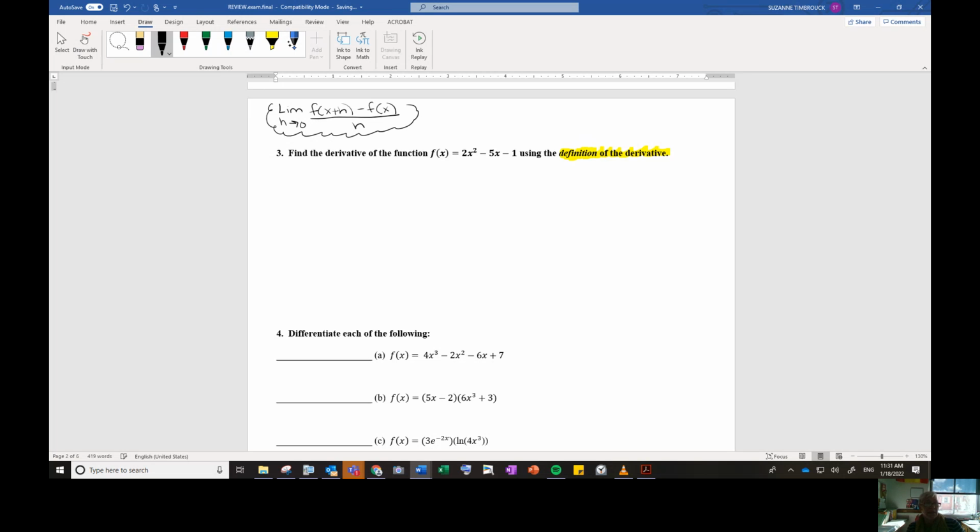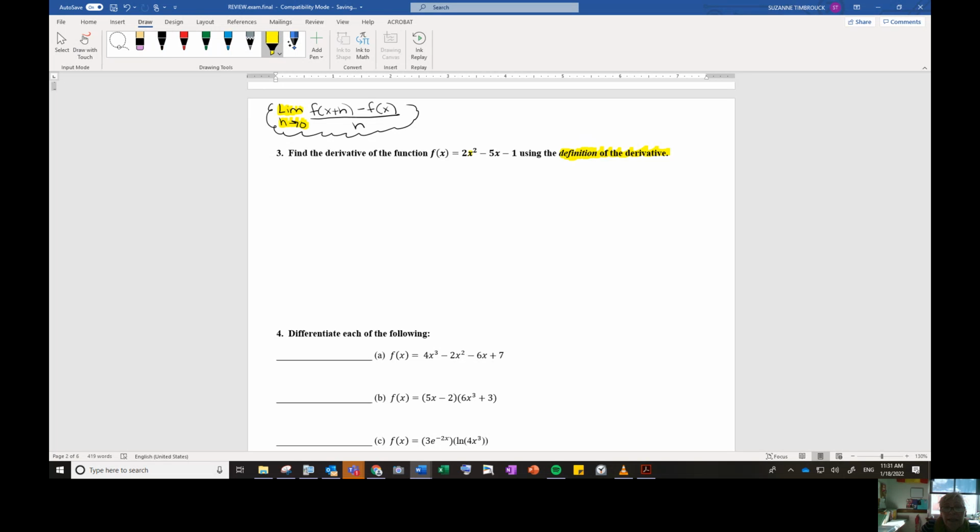You have to use this and show all of the work using this in order to get what we already know is going to be 4x minus 5 as an answer. The other important thing is writing the limit as h approaches 0 is part of the problem. And you've got to continue to write the limit as h approaches 0 until the moment you take 0 and plug it in for h. You can't do that as long as h is in the denominator.